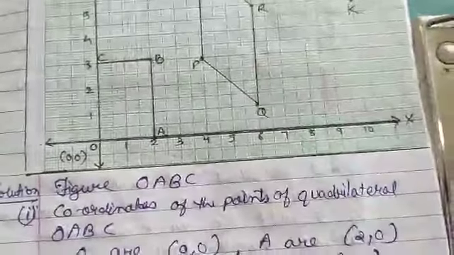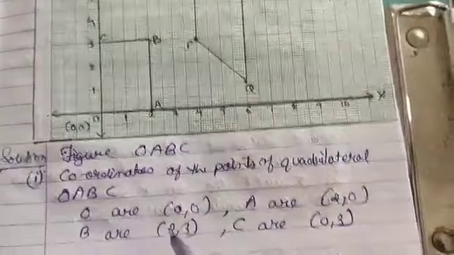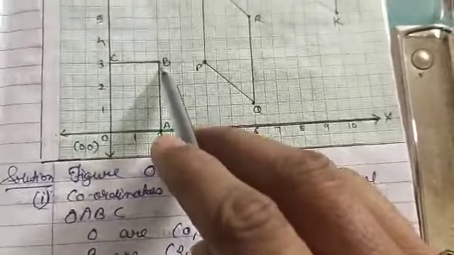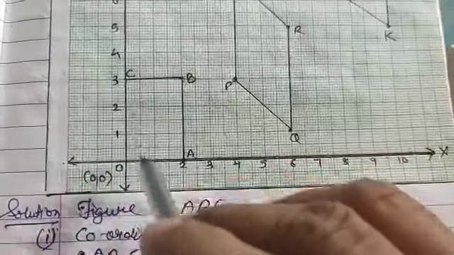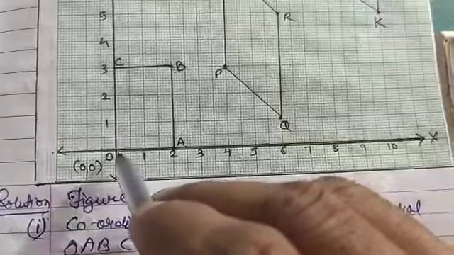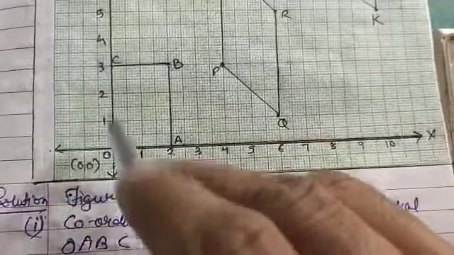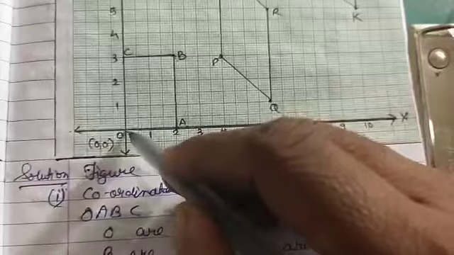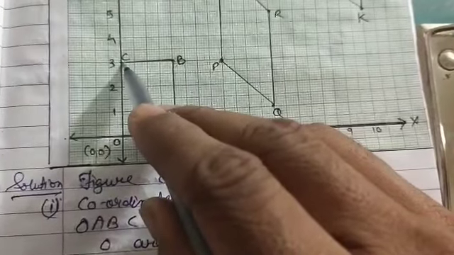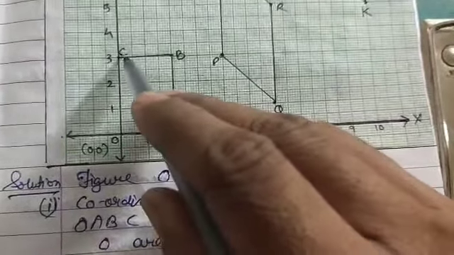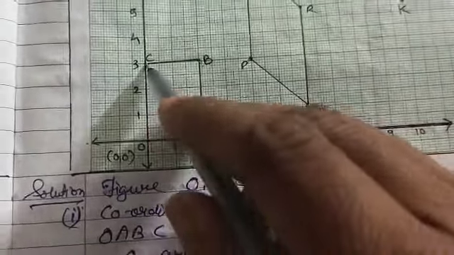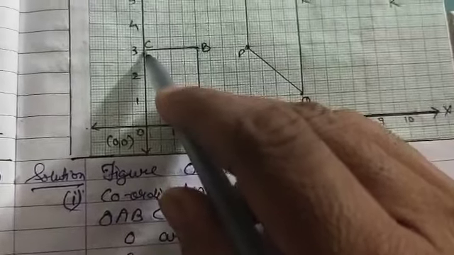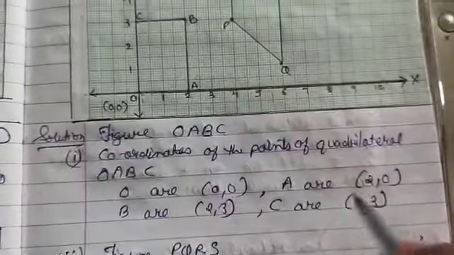So we can say that the x coordinate is 2 and the y coordinate is 3 at point B. Now for point C, the x coordinate is 0 and the y coordinate is 3. So the x coordinate of C is 0 and the y coordinate is 3.